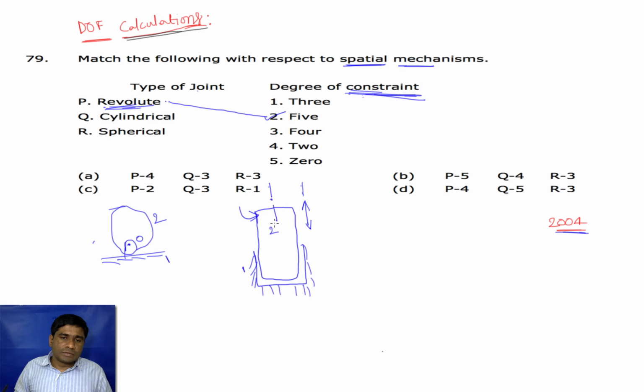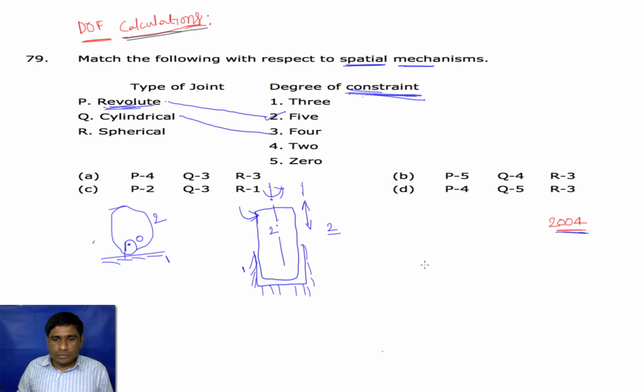So how many motions are possible for this case? One translation and one rotation for body 2. So how many degrees of freedom? Only 2 degrees of freedom. Then how many constraints are imposed on this one? 4 constraints. So cylindrical is the 4 constraint, and the next one is the spherical.